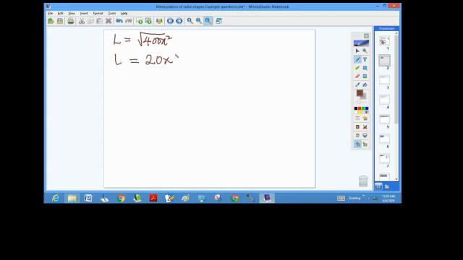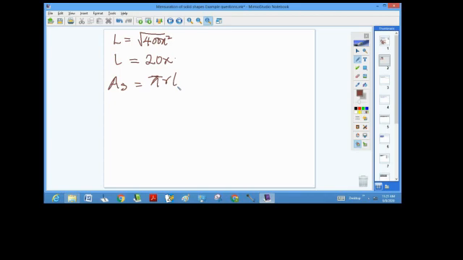So having found 20x, we can now proceed into finding the value of x. We need to use the formula for the surface area of a cone. The curved surface area of a cone, A sub s, is equal to pi RL, where R stands for the base radius, while L stands for the slant height.